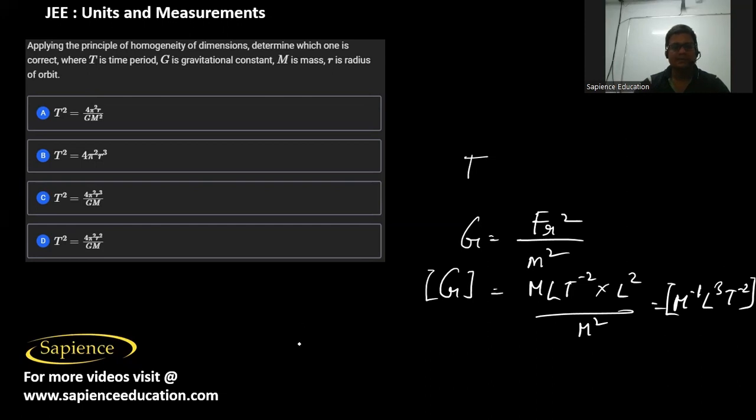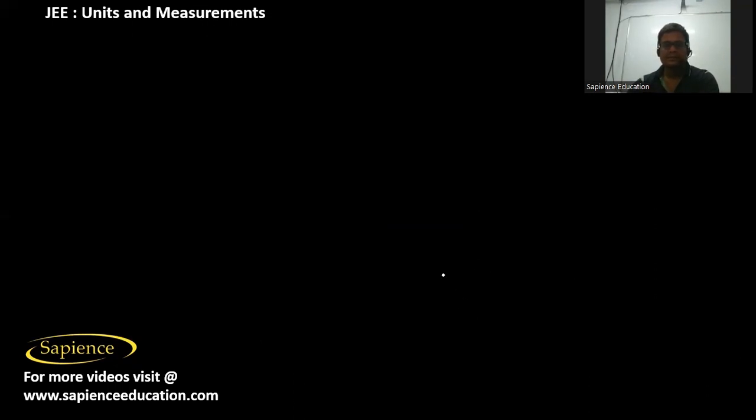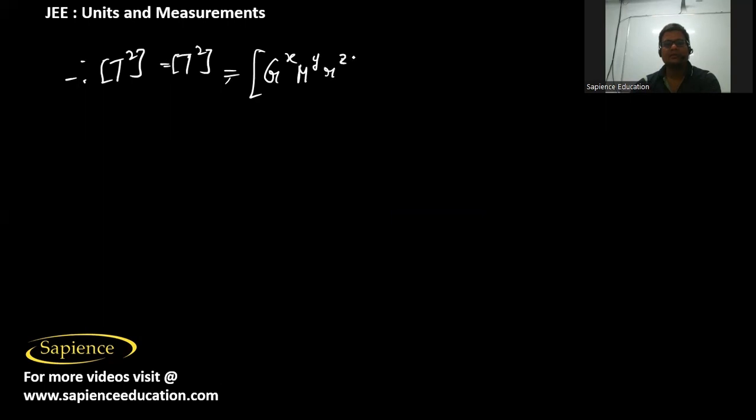And M is mass, R is radius. So now we can say T square is proportional to G power x, M power y, and R power z. So the dimensional formula for T square, that is T square only, should be the same as the dimensional formula of G power x, M power y and R power z.